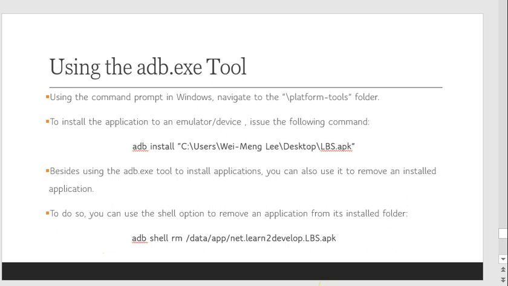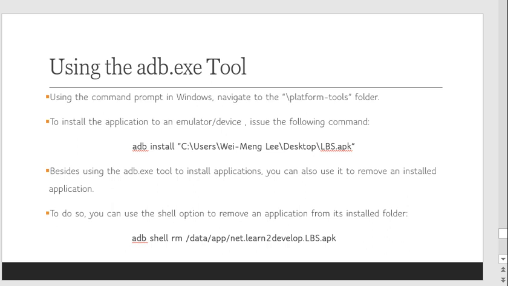The first is using the adb.exe tool. Once your Android application is signed, you can deploy it to the emulator as well as any other devices using the Android Debug Bridge, the adb.exe tool. Using the command prompt in Windows, you can navigate to the platform-tools folder.